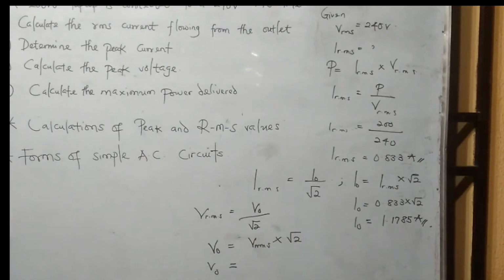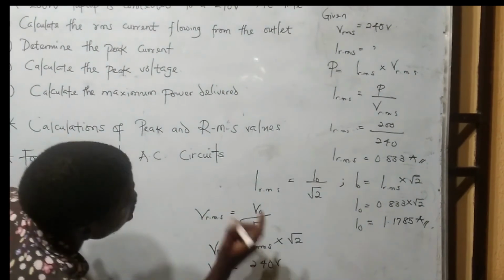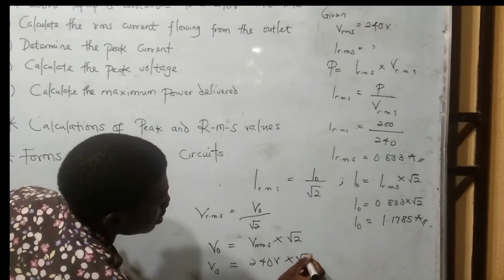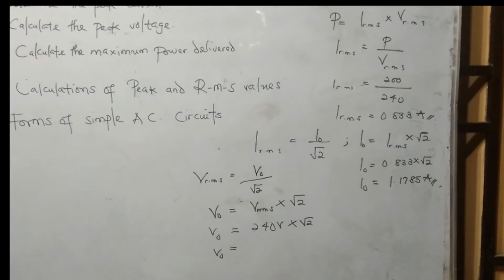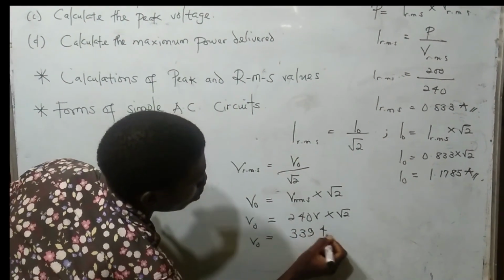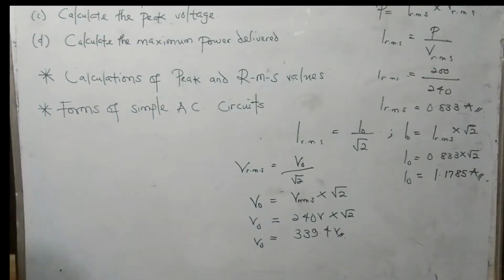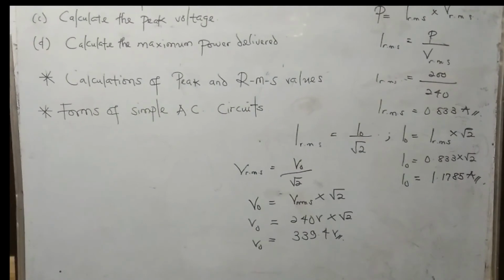Our root mean square voltage is 240 volts, just as you have up there, times root 2. Simplifying this further, we have our answer to be 339.4 volts.